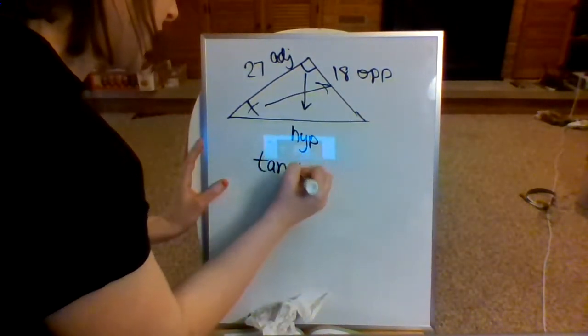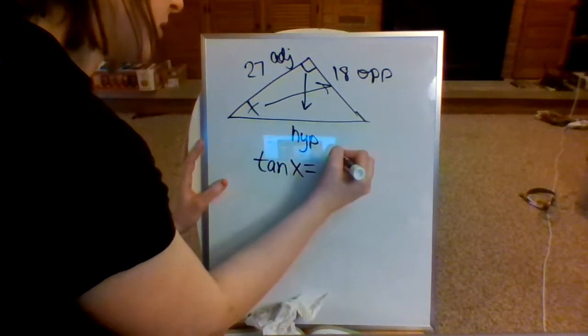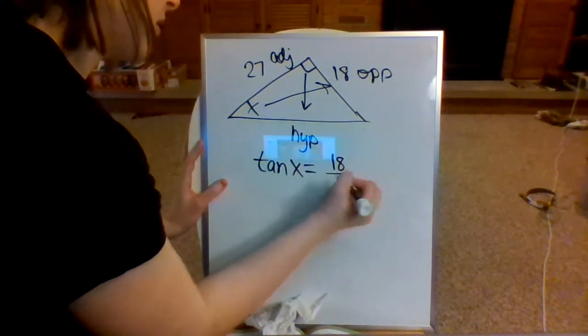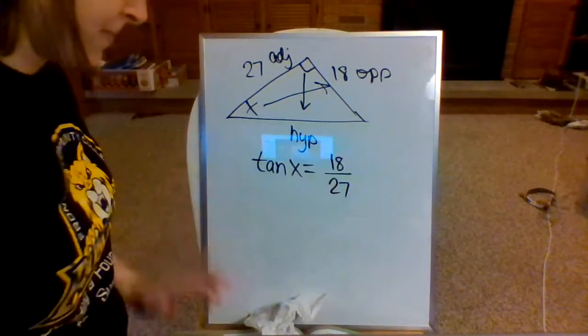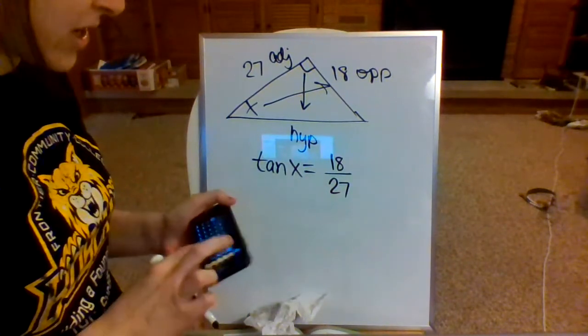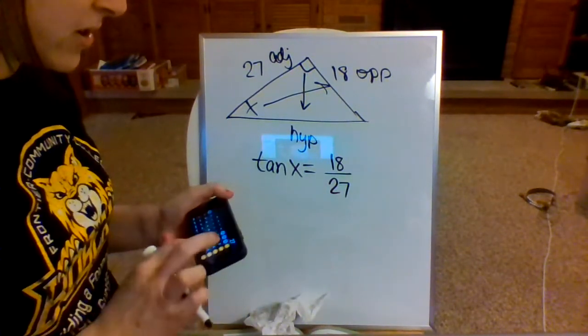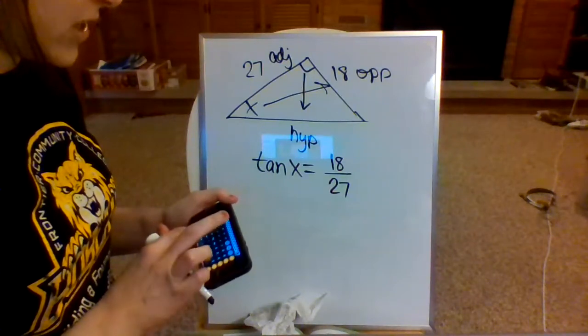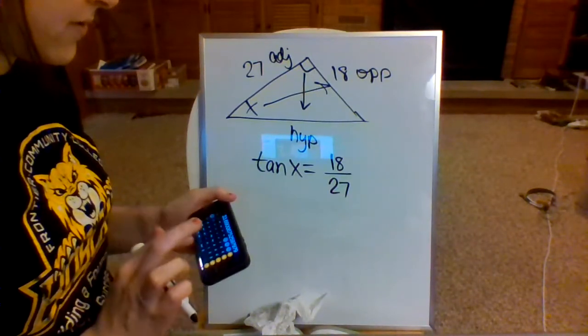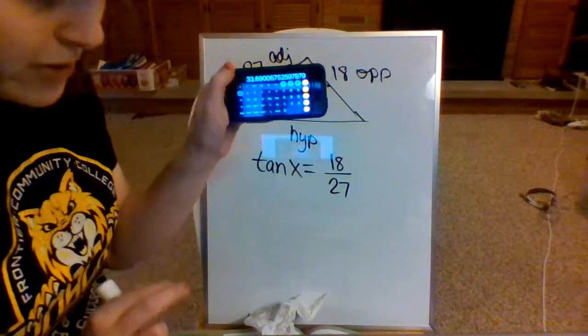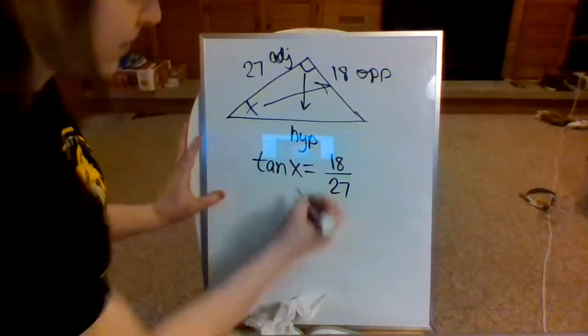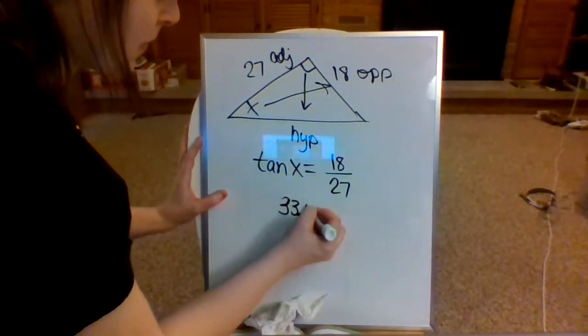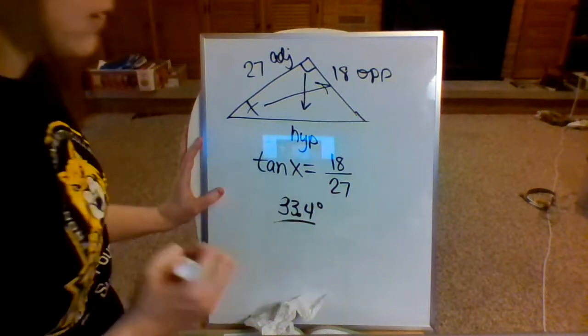So tangent x equals opposite 18 over adjacent 27. Okay, so 18 divided by 27. And then we need tangent inverse. So that's 33.4 degrees.